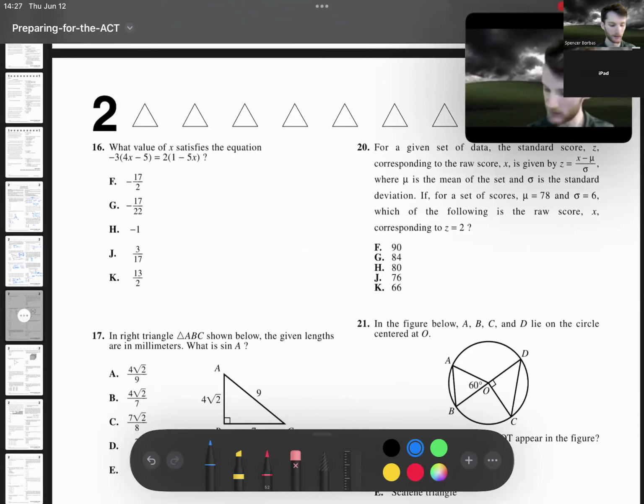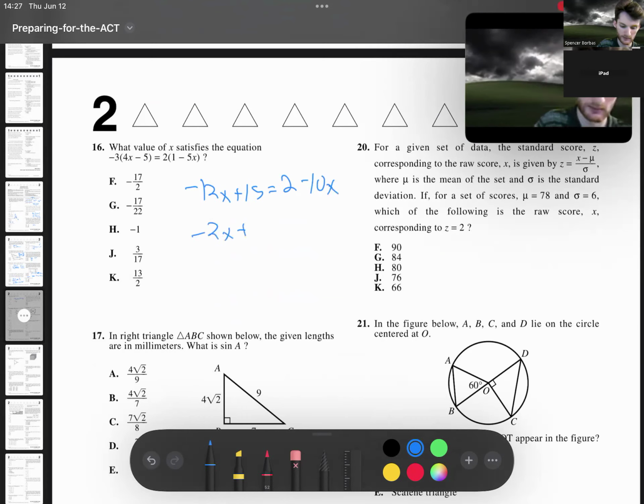All right, number 16. What value of x satisfies the equation? All right, algebra. Negative 12x plus 15 equals 2 minus 10x.